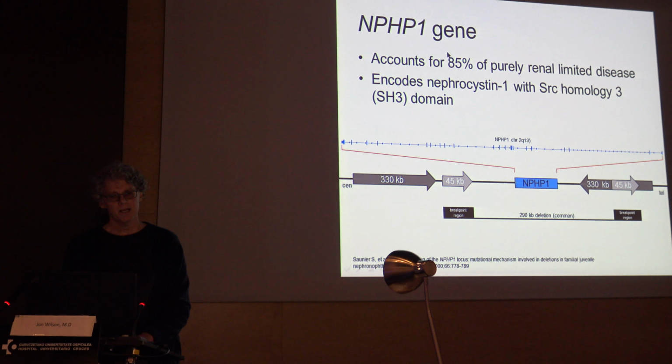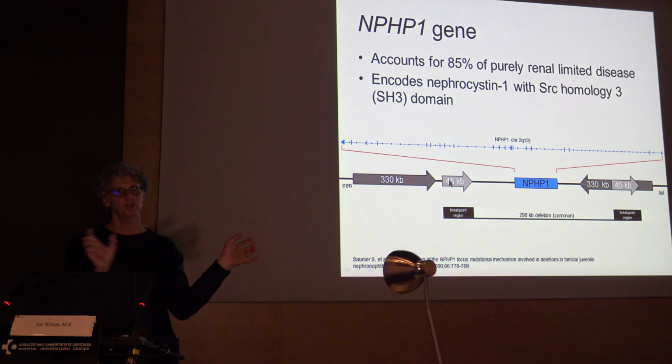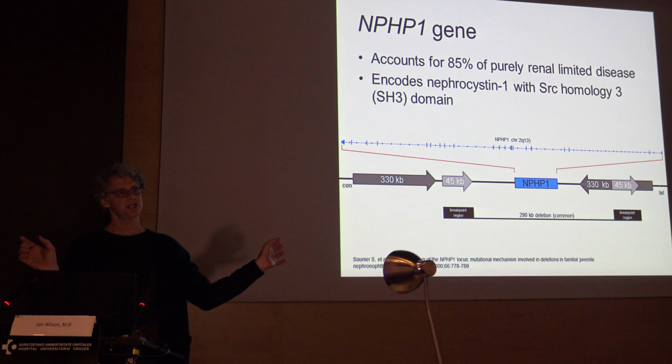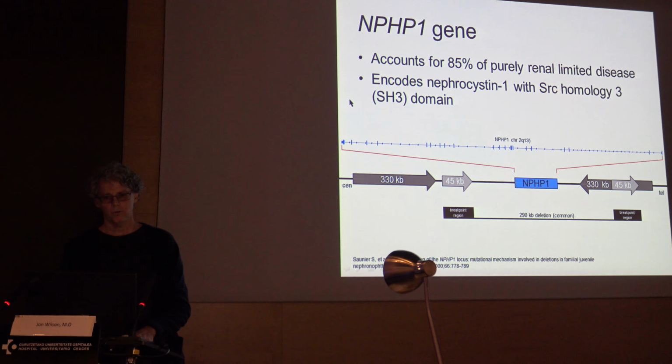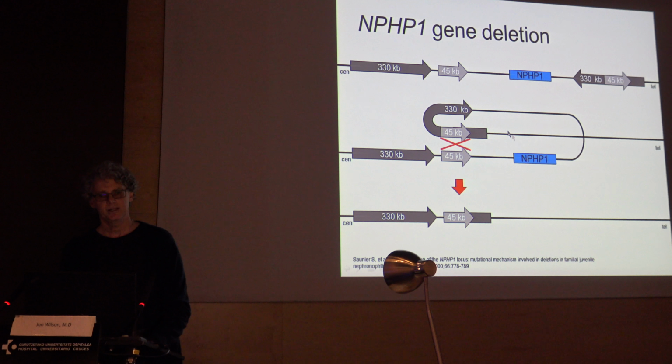And when you look at why, during evolution, we have reduplicated multiple areas in this particular gene. And so there are 2 regions that are virtually identical. And then they flank the NPHP1 gene so that they'll form a hairpin and you delete out the NPHP1 gene.